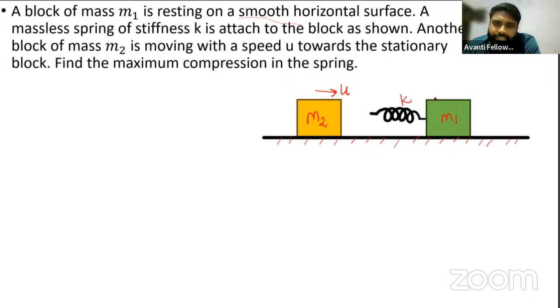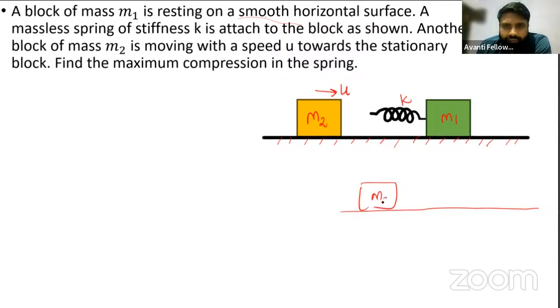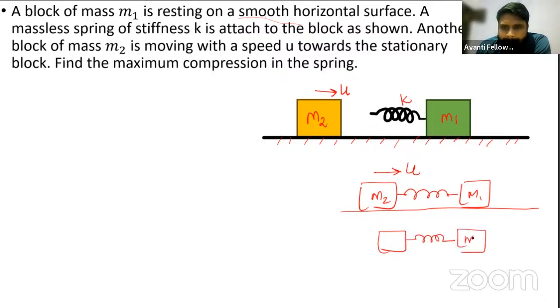So with this m1 block, initially what will happen when this m2 block strikes this spring just at the start, it is moving with speed u. Now at some instant after it has compressed this spring, its velocity will become v, let's say, from u to v.